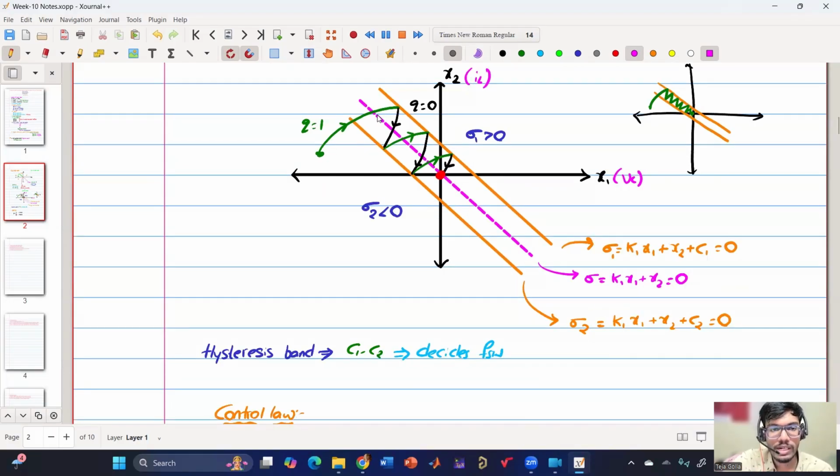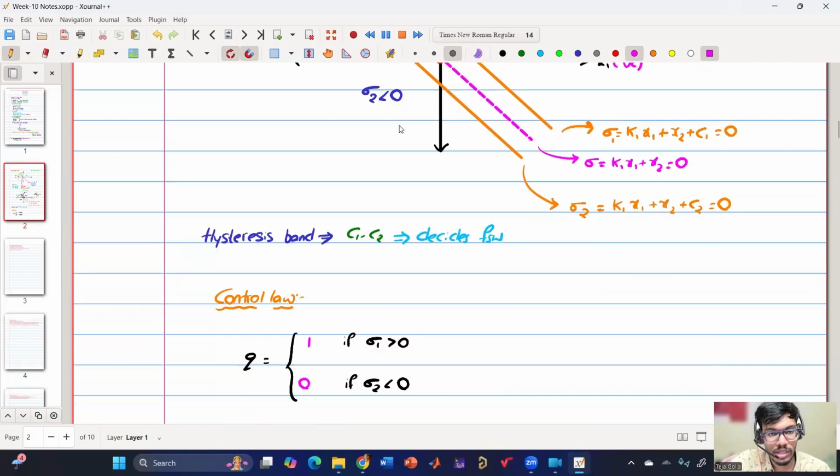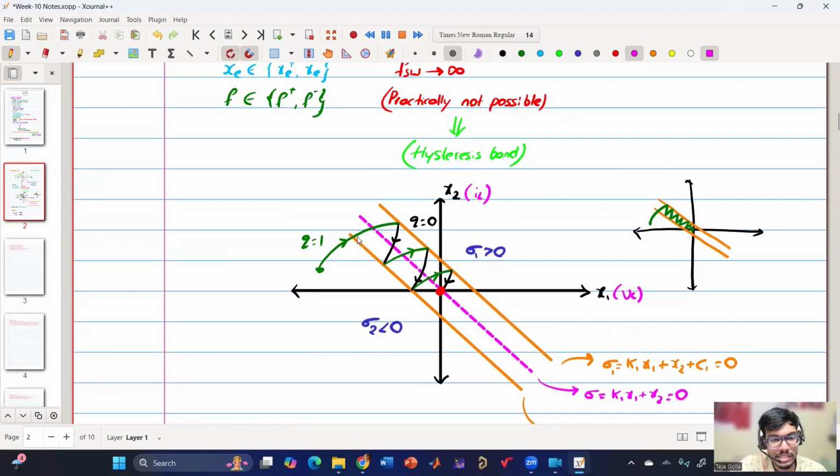Now I know the trajectory, so I know the instantaneous values of x1 and x2. I'll substitute x1 and x2 and check in sigma 1. If sigma 1 is coming positive, then I will turn it off. So if it is going above sigma 1, I'll turn off, and if it is going below sigma 2, I'll turn on, so that the trajectory stays within this region, and over time it will reach the equilibrium point and stay there.